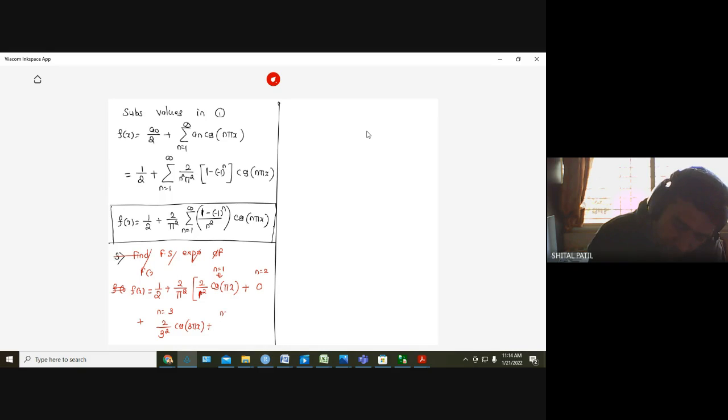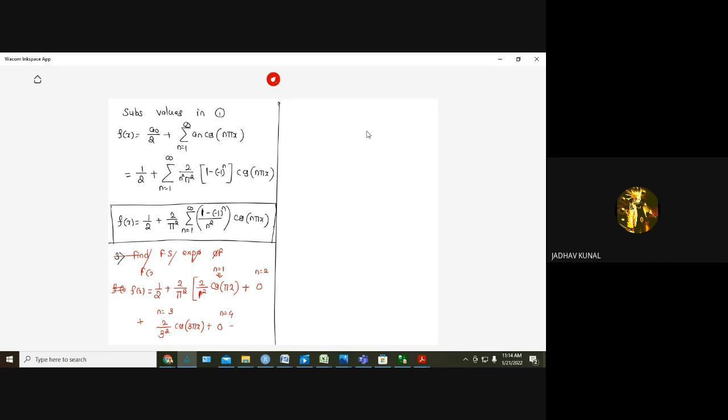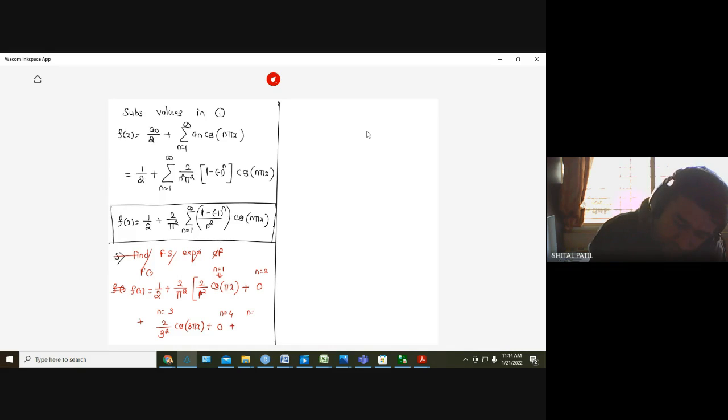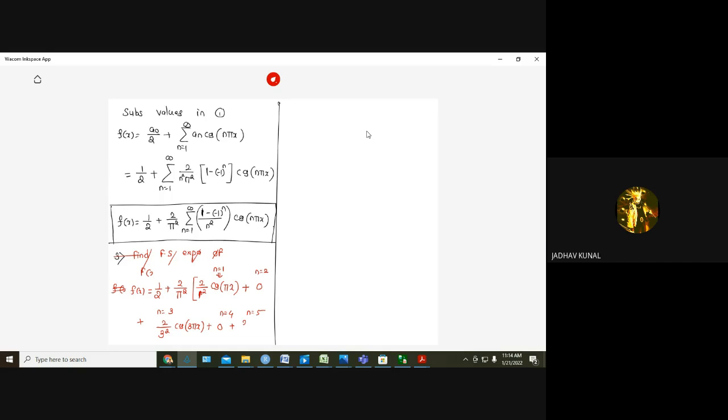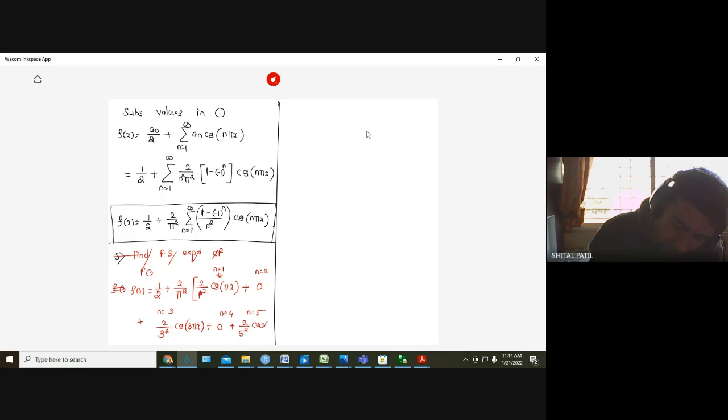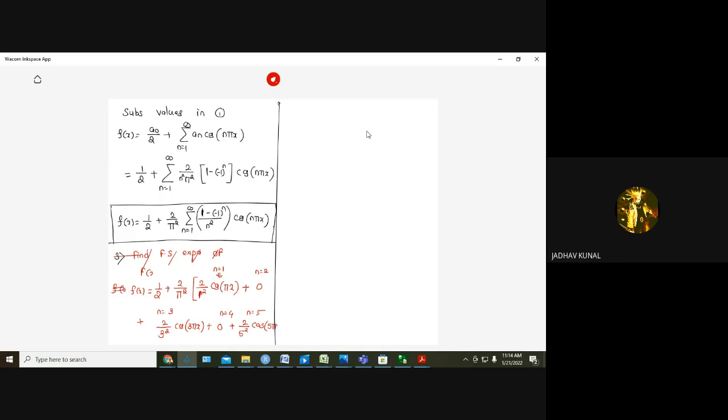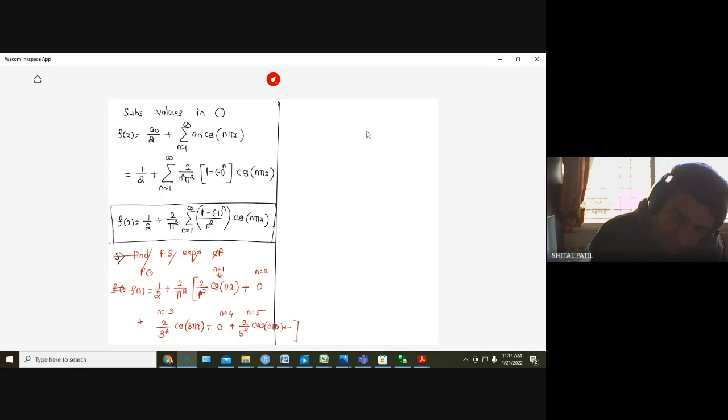Plus n equal to 4 gives 0. Then n equal to 5 gives 2 divided by 5 square cos of 5 pi x, and so on.